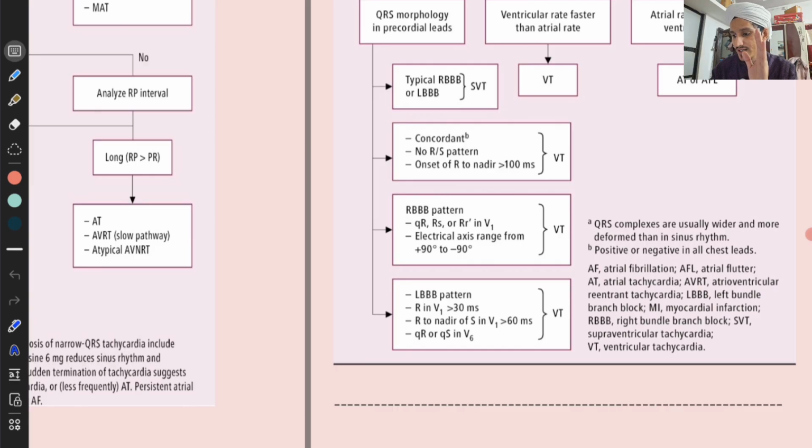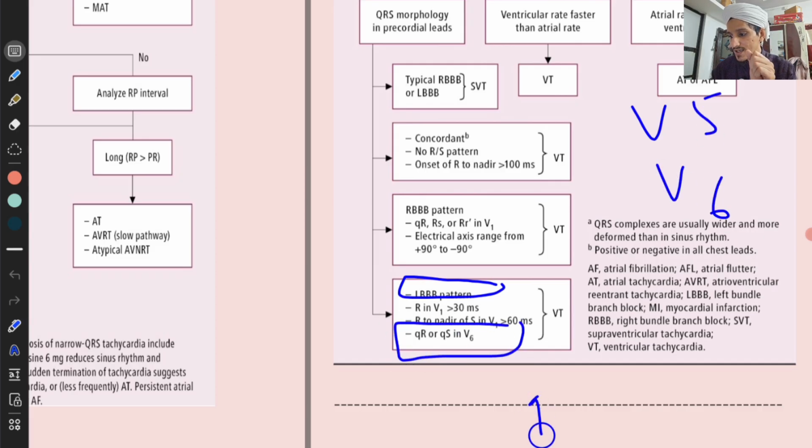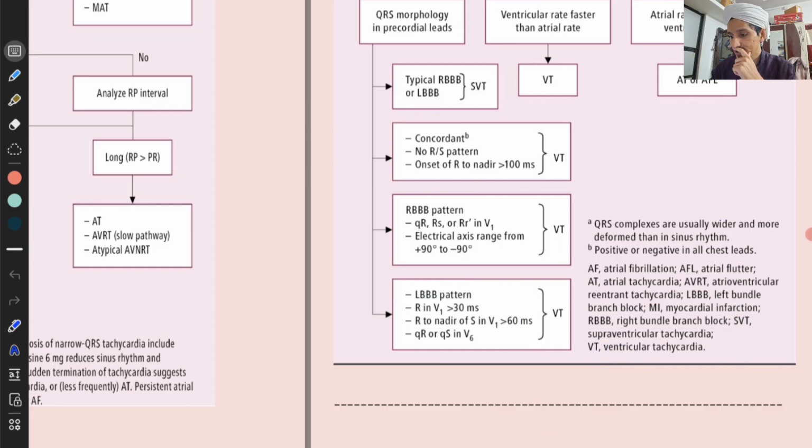In atypical LBBB, first look at V5 and V6. You notice here the Q is small, but either R or S will be taller. So the pattern can be like this, QR, or it will be like this.